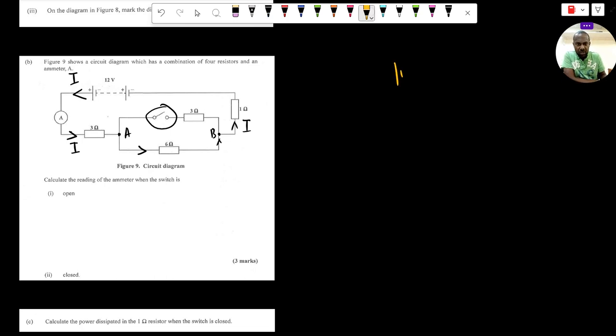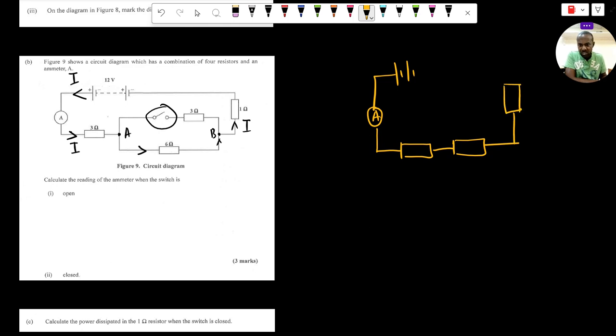We have our battery, right? We have our ammeter, A. We have the 3 ohm resistor. We have our 6 ohm resistor. And now we have our 1 ohm resistor, right? So as I said before, with the switch open, this 3 ohm resistor is essentially not part of the circuit.